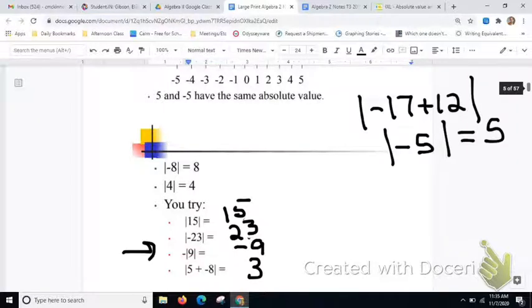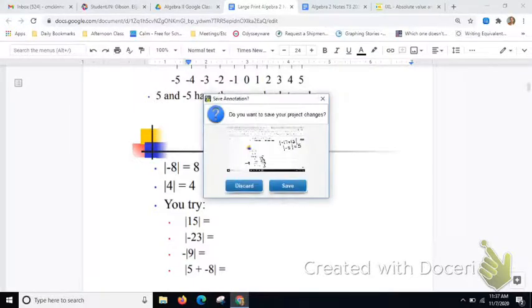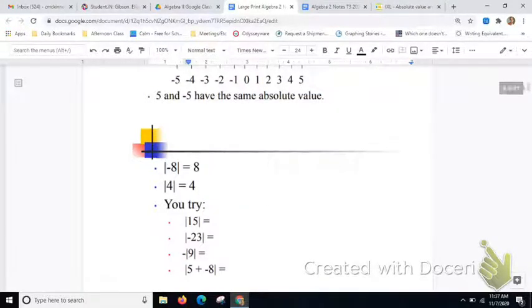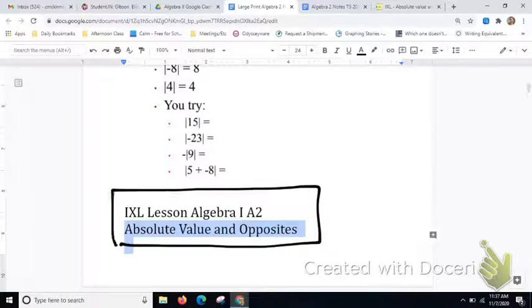So you're going to have a chance to practice this on IXL. And if you happen to be listening to this in another term and we don't use IXL, then you'll have a different kind of assignment. But down here at the bottom of your notes, you'll see that our first assignment should be a pretty quick assignment.